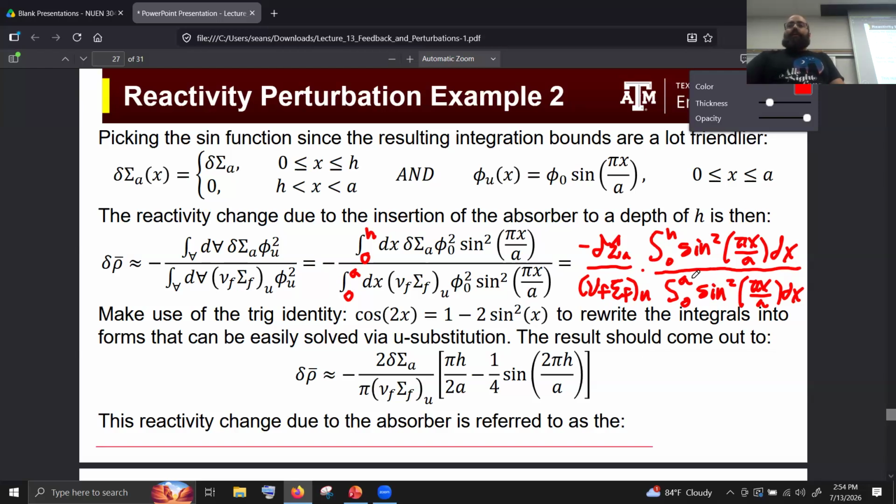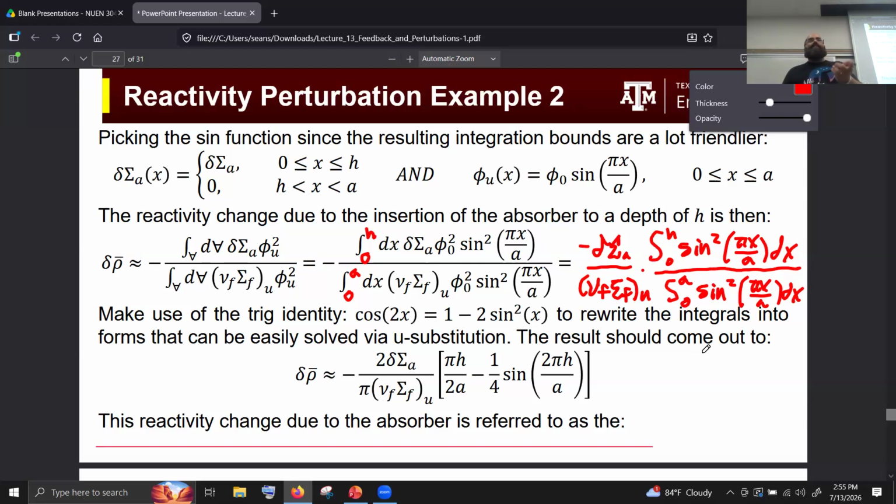If you do that integration, this is the expression that you would get for that reactivity perturbation. And that's a good calculus refresher. It would be good to go through those steps and make sure that you can get this answer yourself. It's just making that substitution and then doing a u-sub for those integrals, and being careful about the bounds because they have different bounds.